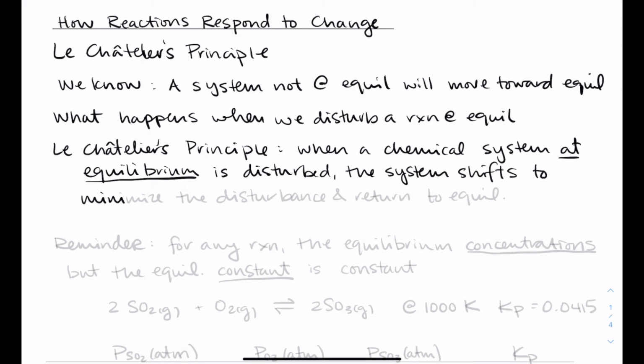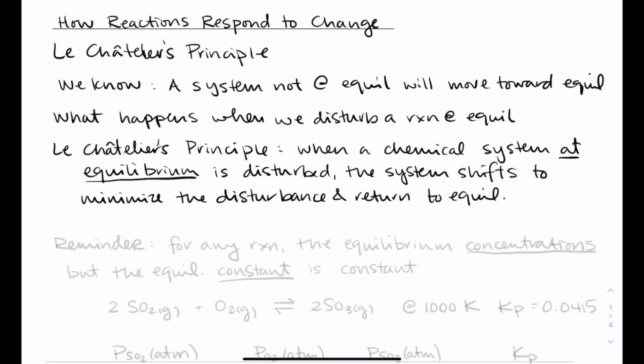So I have a reminder here first that is going to give you some space to practice with calculations, and then we will talk about the different types of disturbances to reactions and how that affects things.